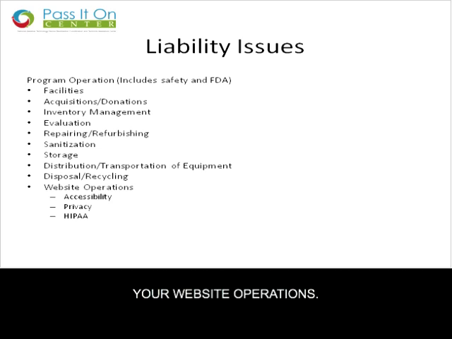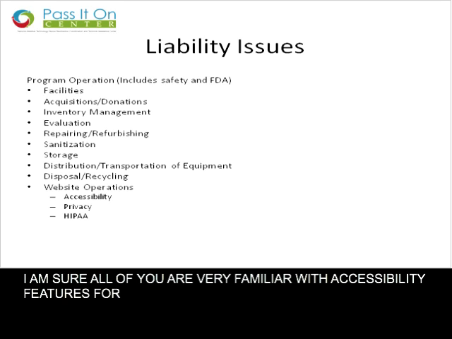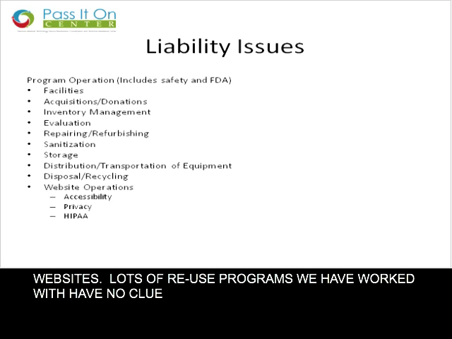Distribution and transportation of the equipment is another thing that you want to consider. Storage, just like I spoke about before with OSHA, and then disposal and recycling. And then also looking at your website operations.